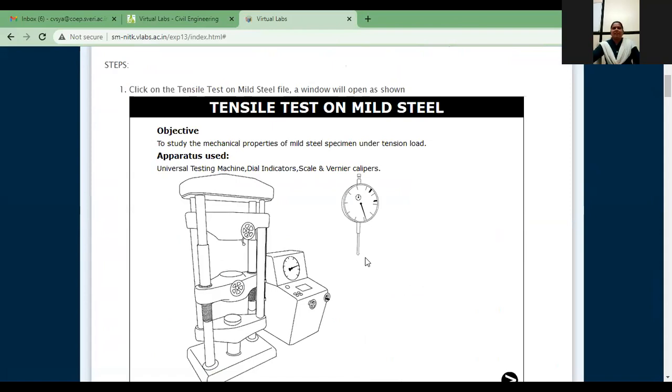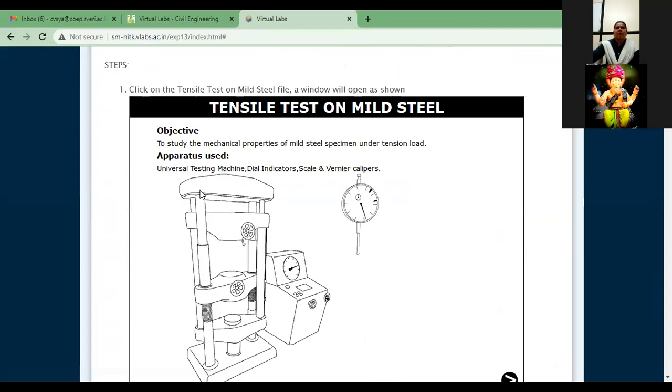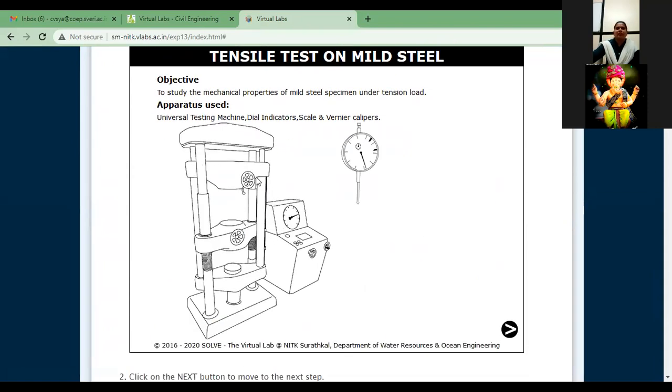My screen is visible to you? Yes, ma'am. Okay, I will show the apparatus and how to perform this tensile test. And after performing this tensile test, we will be able to draw this stress and strain curve.